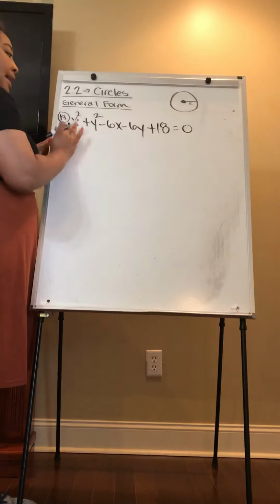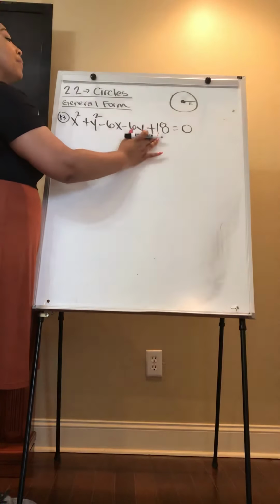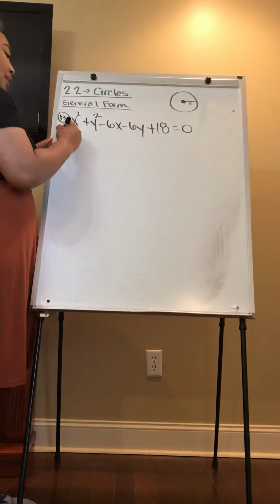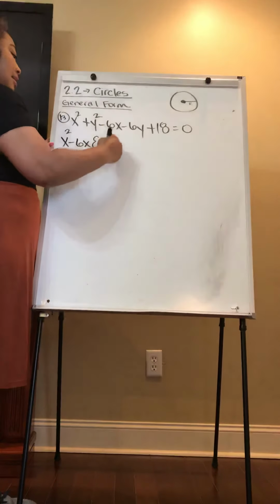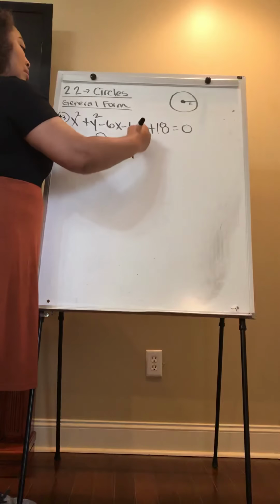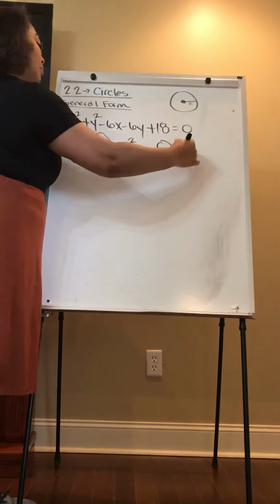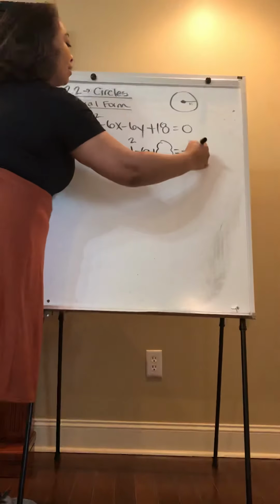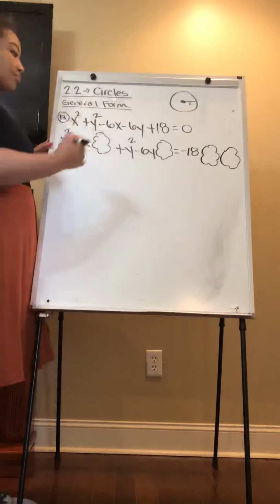If we put out x squared plus y squared minus 6x minus 6y plus 18 equals 0. If we put it together, x squared minus 6x and a bubble, plus y squared minus 6y and a bubble, take our 18 over, make it negative, and put double the bubble.